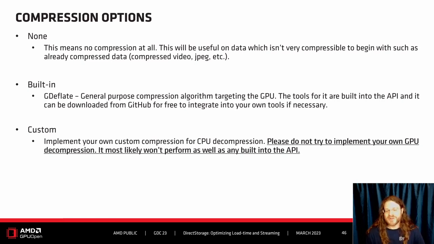The tools for it are built into the API, and it can be downloaded from GitHub for free to integrate into your own tools if necessary. And then there's custom decompression, which enables you to use your own type of decompression for the CPU. It is advisable to use this potentially for CPU bound resources. However, please do not try to use this to implement your own GPU decompression. It won't perform nearly as well as the built-in one.